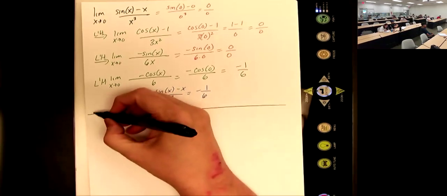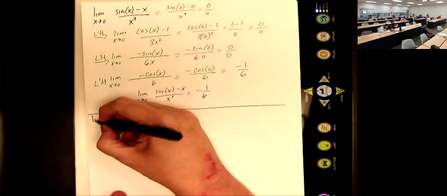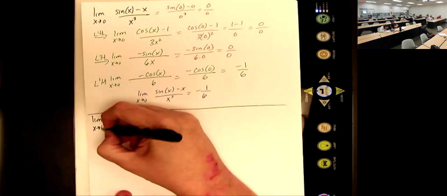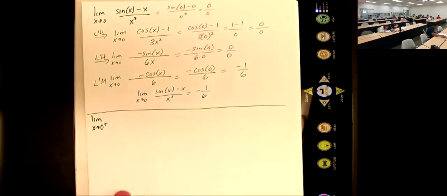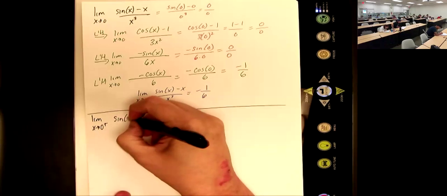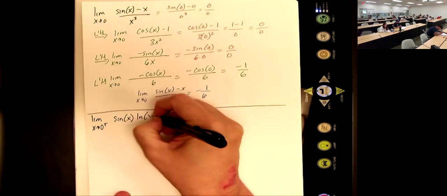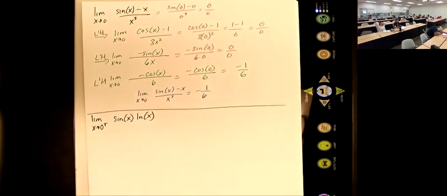Let's try this one, limit as x goes to 0. We're going to say from the positive side, because one of these does not exist from the negative side. Natural log of x does not have a 0, can't do 0.